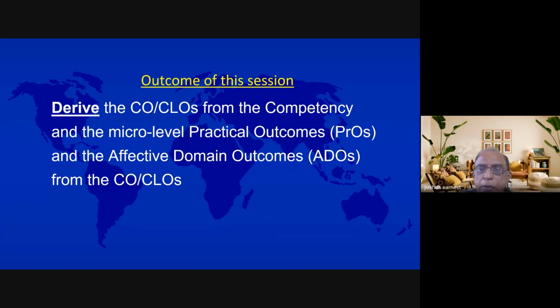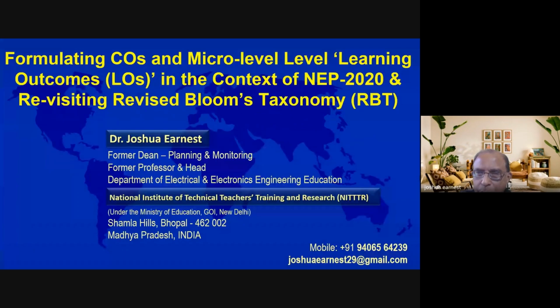My request to all of you is to choose one integrated course, which I told you yesterday. As we discuss, you develop the COs and the micro level outcomes for your course, and automatically the course structure will be ready.